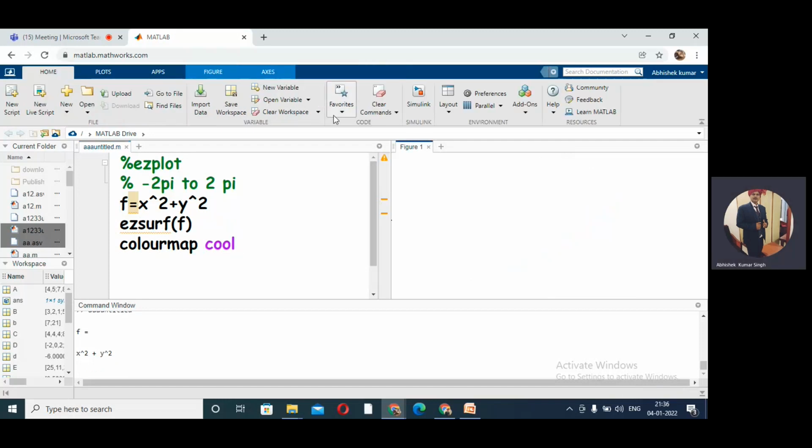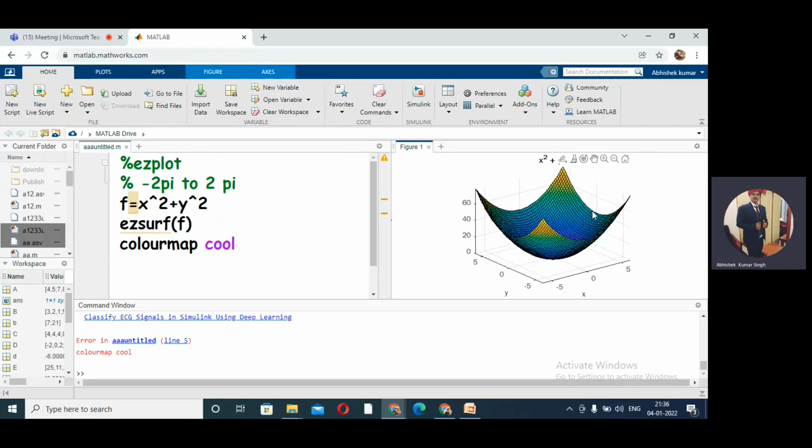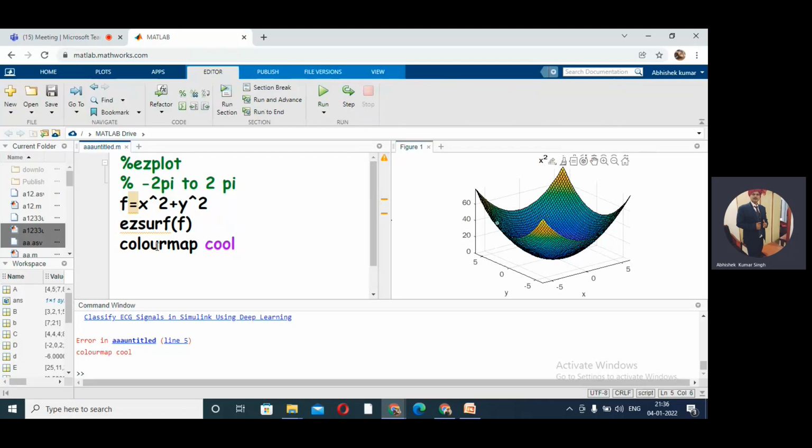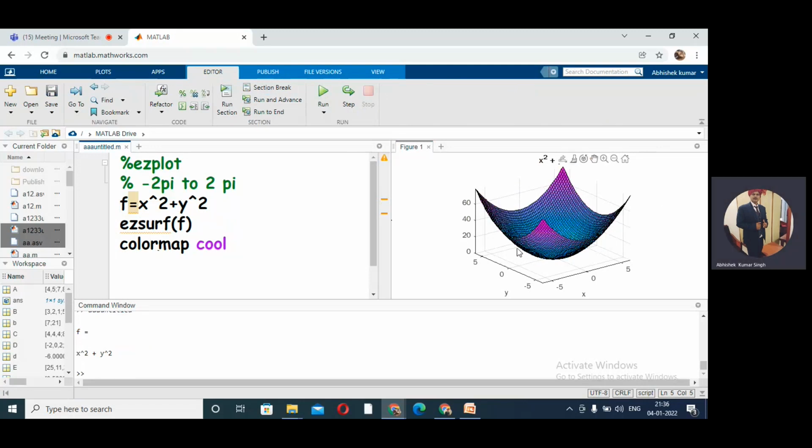Let us see what you're getting. Yes, can you see that? Can you see this? Now let us see. Yes, can you see this? Now in EZ surf, I have just defined that function, the surface equation.